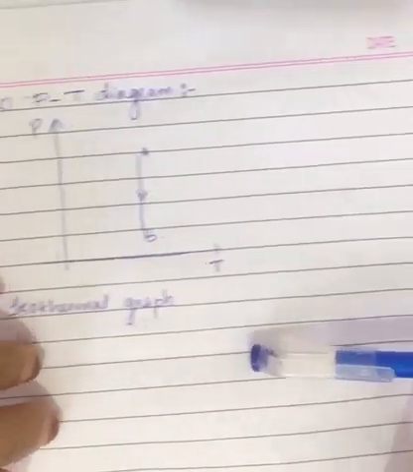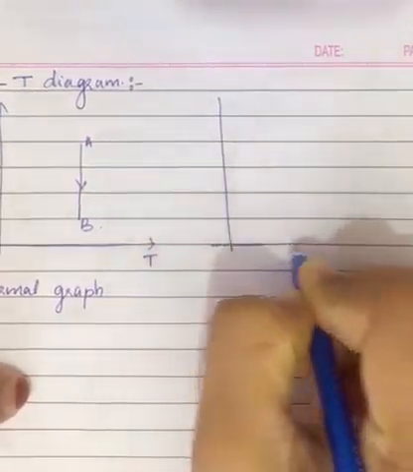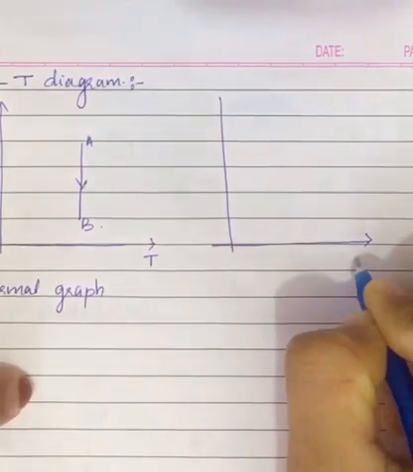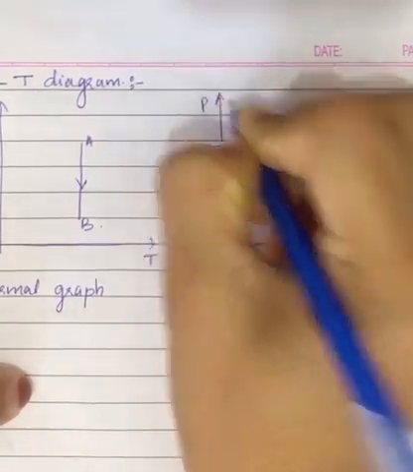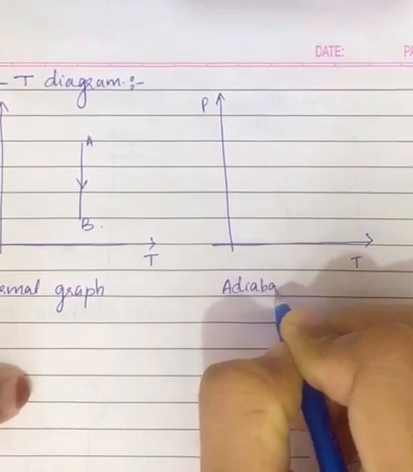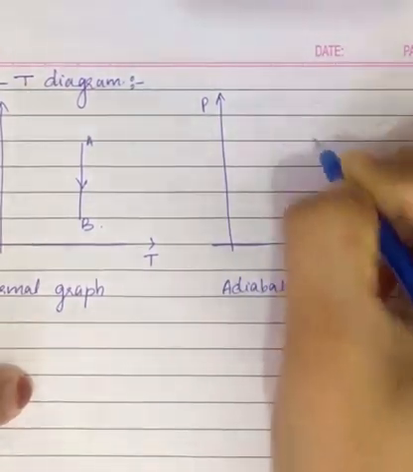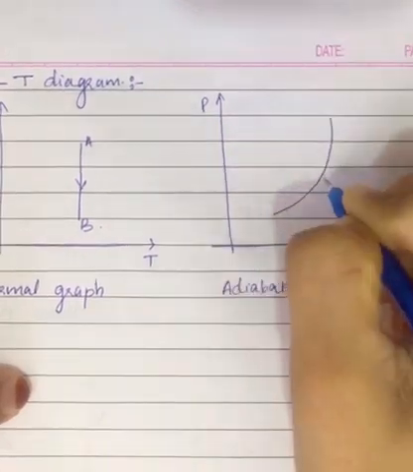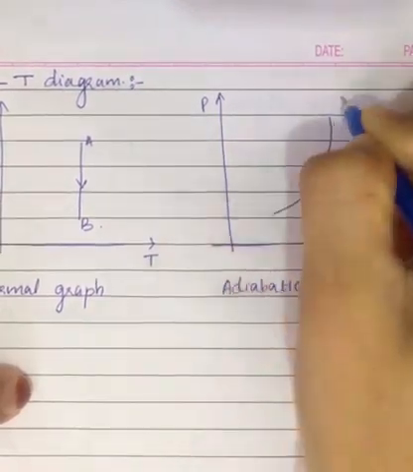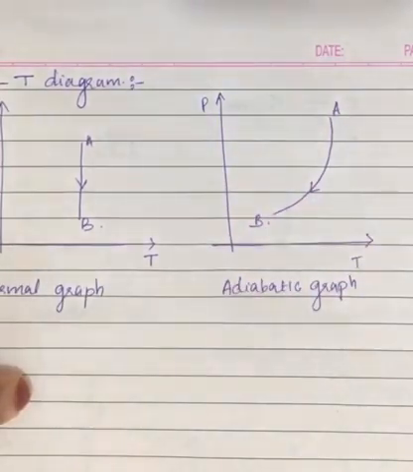And now next one, the adiabatic process. For the adiabatic process, the graph is decreasing like this.